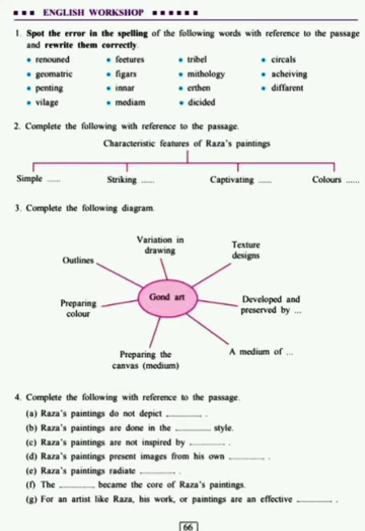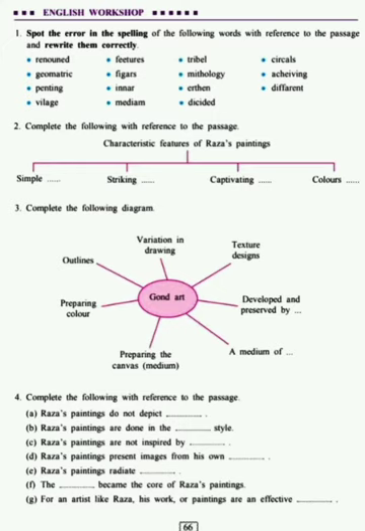Sub-question 2. Complete the following with reference to the passage. Characteristic features of Raza painting. So simple dash. What was it? Striking, colors, I guess. Captivating, what was it?